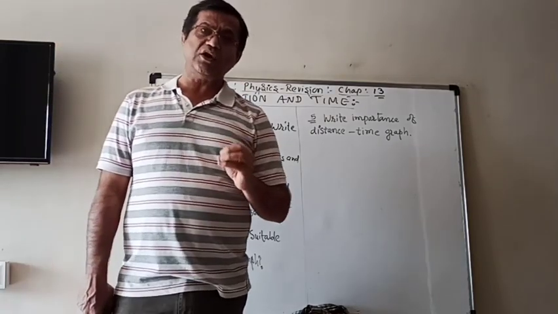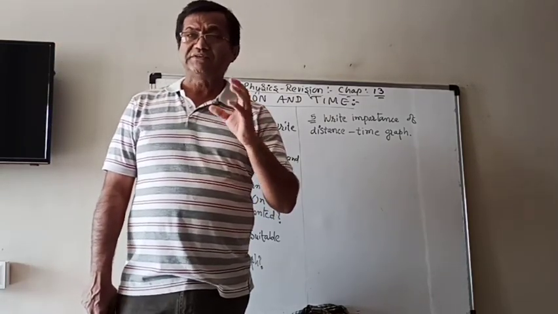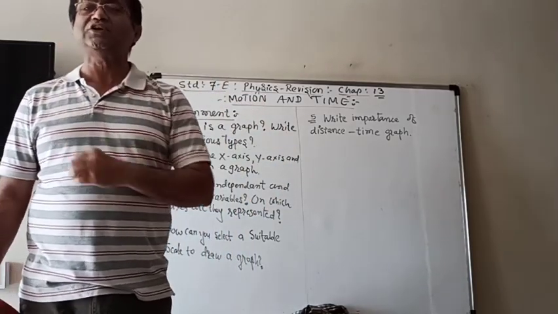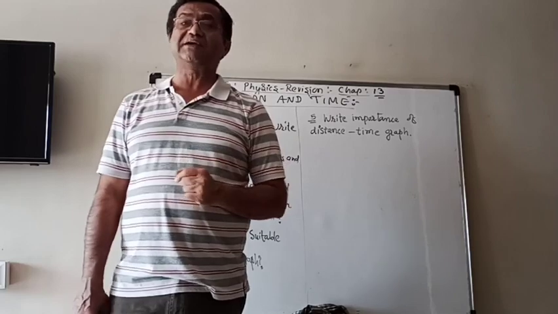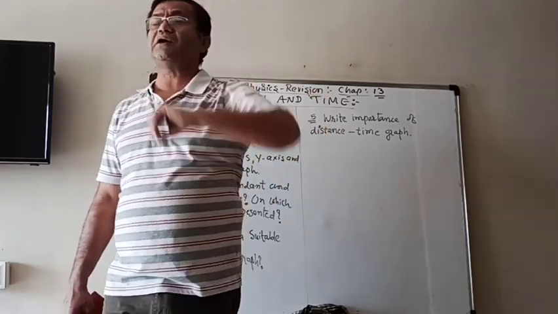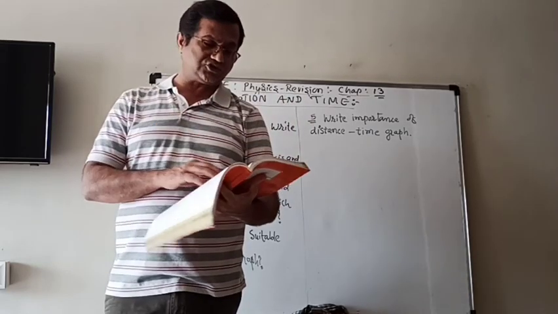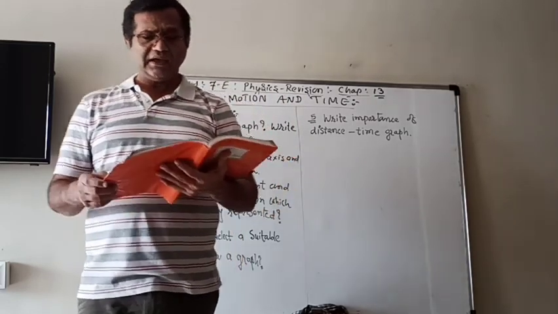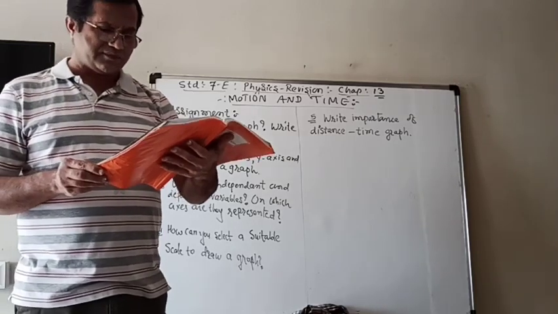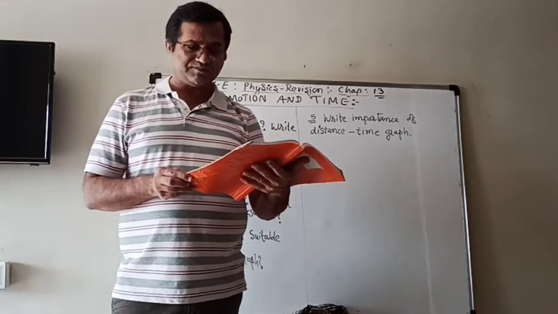When the graph is drawn, if some intermediate points are also there, between the given times also, because the distance time graph will be like a line graph, it will give you information about the various times.